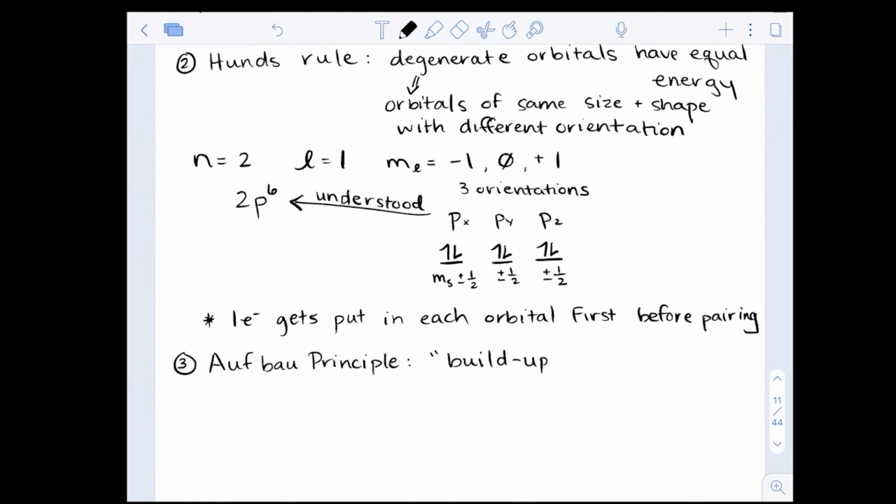It means that in order to build up my electron cloud, electrons are placed in low energy orbitals first, and we build up the electron cloud from there.